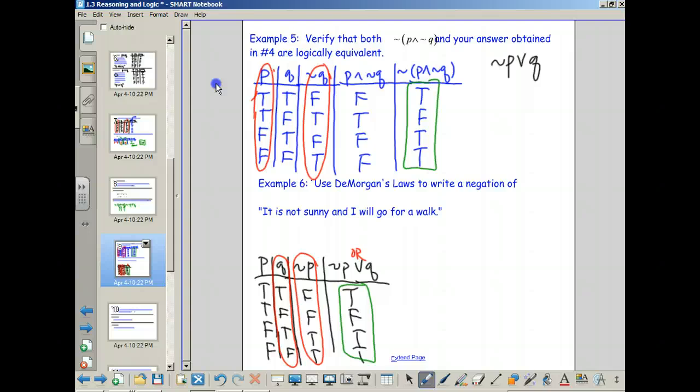This is correct. All right, so De Morgan's Laws, I have an and in between. So I negate each statement individually. So what would I do to negate it is not sunny? It is sunny. What would I do to negate and? I would put an or. And what would I do to negate I will go for a walk?